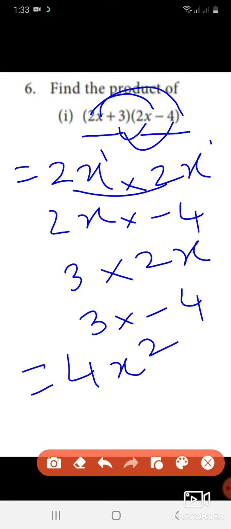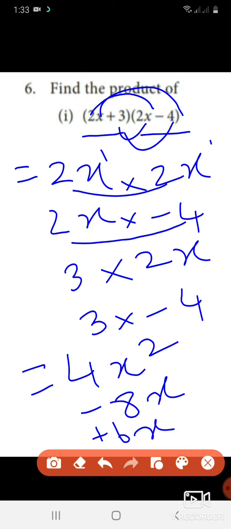Now next one, plus into minus, minus 2 4s are 8, x only, because we have only x. And next term 3 2s are 6x. Next one, plus into minus, minus 3 4s are 12. So your answer is 4x square minus 8x plus 6x minus 12.